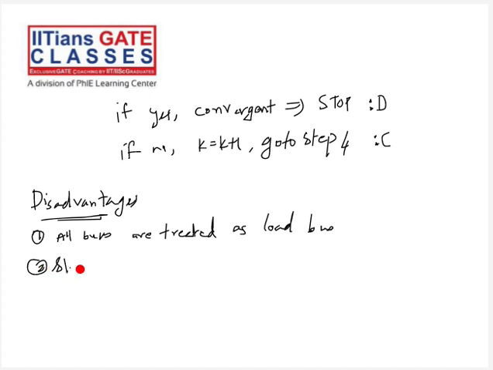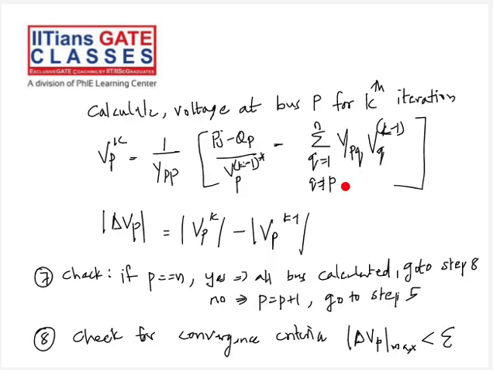The convergence rate, we have to go through something like 10 to 15 iterations. Also, low convergence implies the time taken for convergence is high. And one more problem is that when you're calculating the VPK for the current iteration, we use the previous iteration's voltage, right?